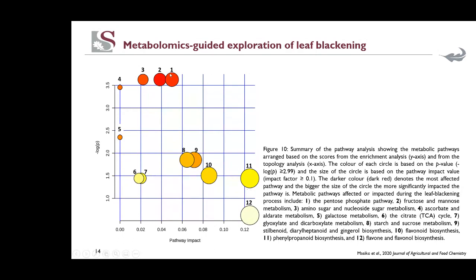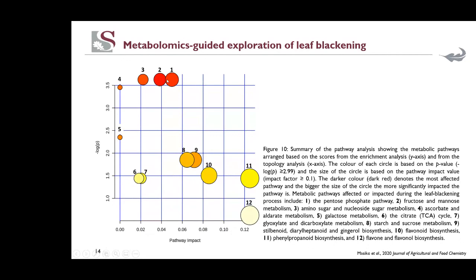The pathways that are affected were linked to sugar metabolism, and the pathways that were impacted were linked to the phenylpropanoid pathway biosynthesis and the flavonol biosynthesis, which is linked to the phenolic and the flavonoid pathways.